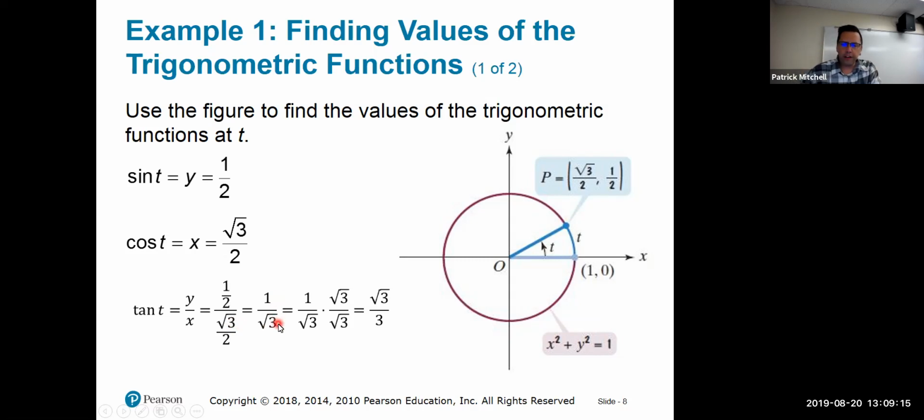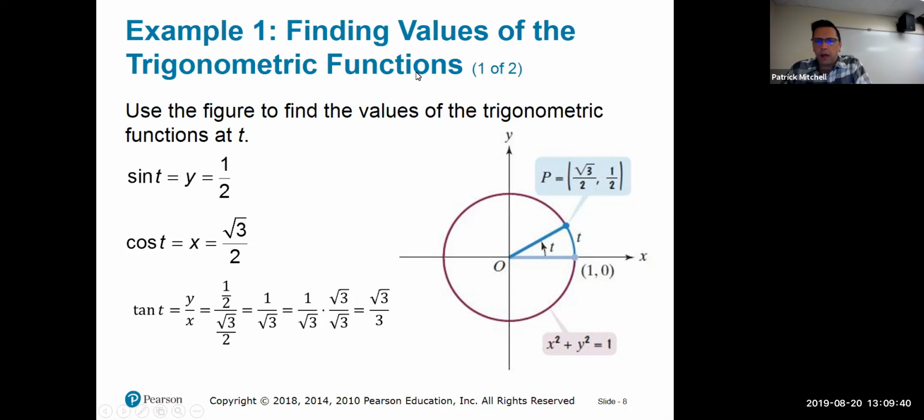So that leaves you 1 divided by the square root of 3. And then we just got done rationalizing denominators. The reason I put the rationalize the denominator section right before this is for exactly this reason. To rationalize the denominator of 1 over the square root of 3, I'm going to multiply the top and the bottom by square root of 3. And that tells me that the tangent of t is square root of 3 over 3.